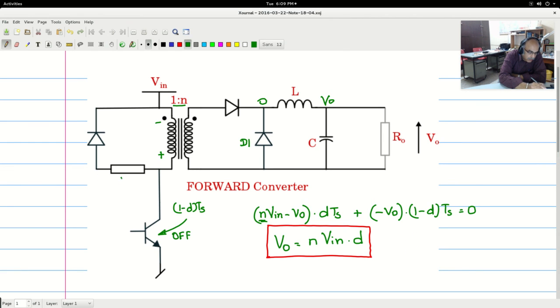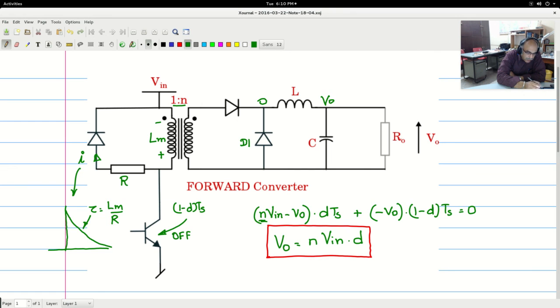So here, if I say this is some resistance R, and if Lm is your magnetizing inductance, the current I here will have a wave shape which starts falling like that with a time constant of tau equals Lm by R. So it will have a falling time constant like this.